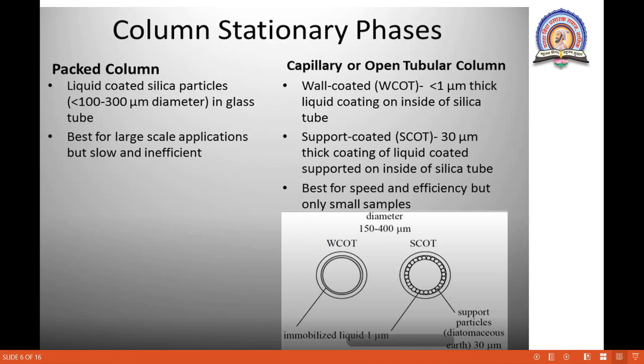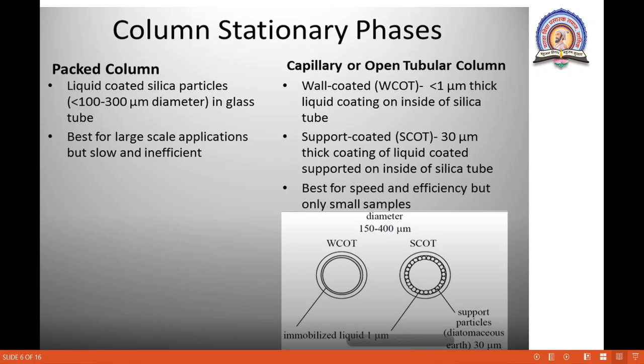In the wall coated capillary column, the thickness is greater than 1 micrometer of liquid coating on the inside of the silica tube, while in the support coated capillary column, the inner thickness is 30 micrometer of liquid coating supported on the inner side of the silica tube. Best for speed and efficiency, but only small samples are used.